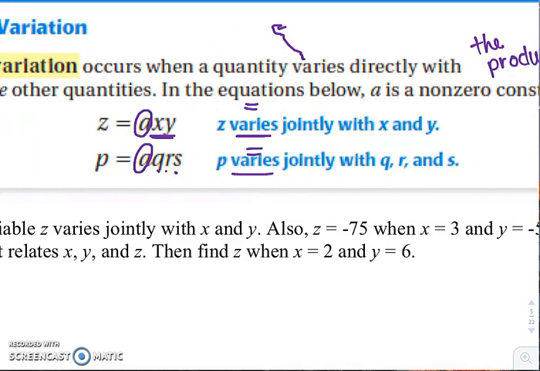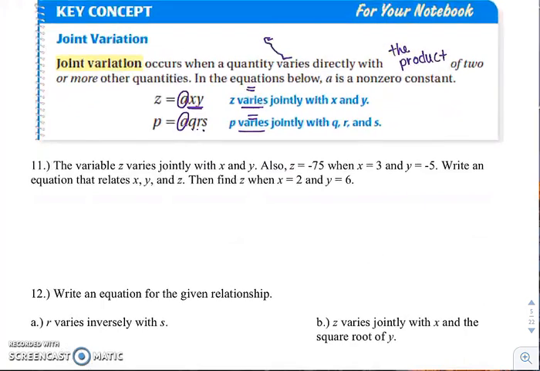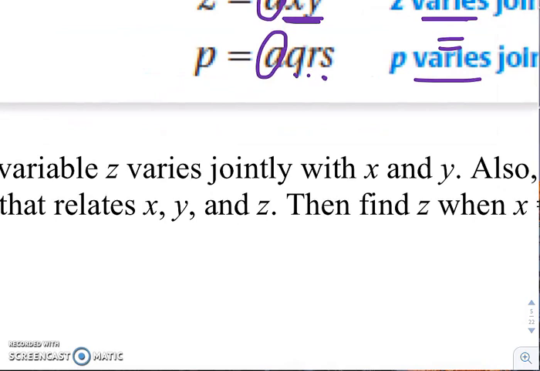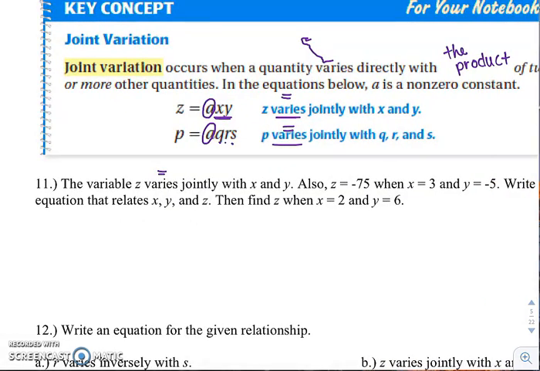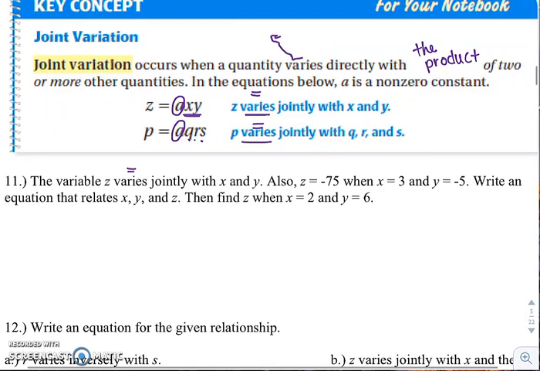So let's go ahead and look at our example here. It says the variable z varies jointly with x and y. Okay, so we know z is going to equal, z varies jointly with x and y. So it tells us that z equals negative 75 when x is 3 and y is negative 5.